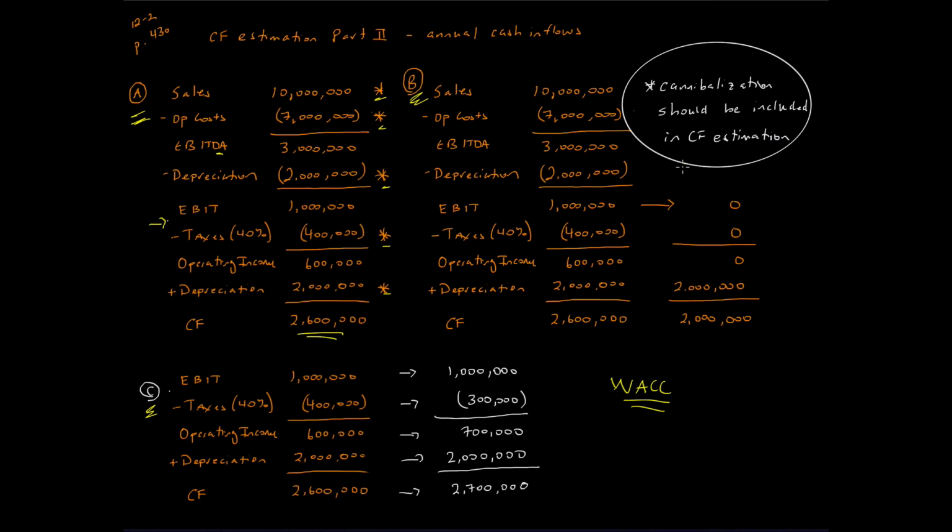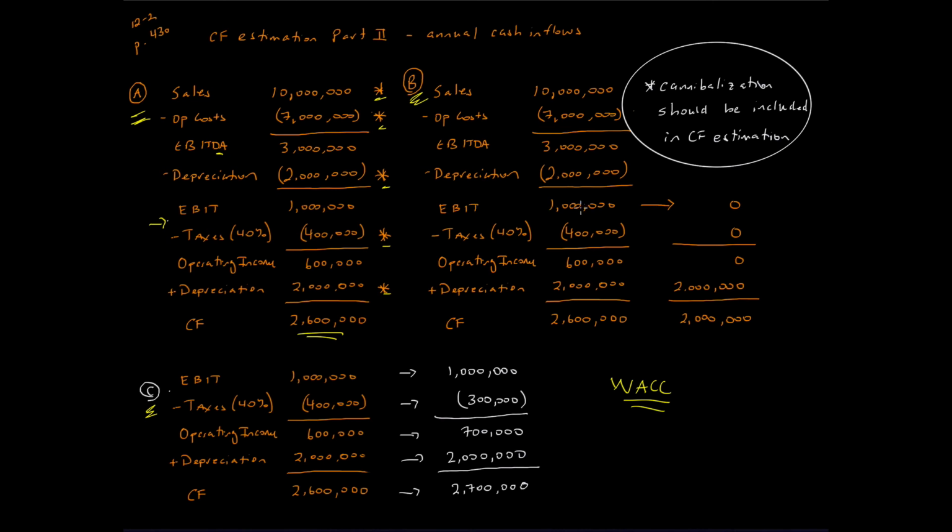So there are 3 very important theoretical items that you need to know. Number 1, sunk costs are not included in cash flow estimation. Number 2, opportunity costs are included in cash flow estimation. And number 3, the effects of cannibalization should be included in cash flow estimation. And I'll show you how to do that right here.